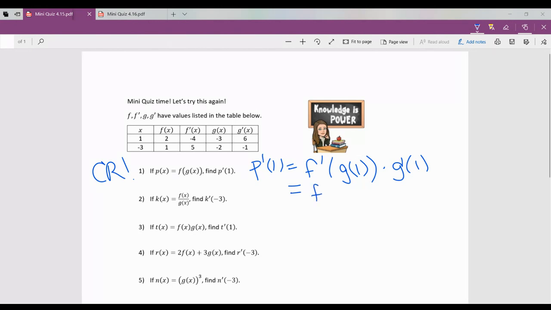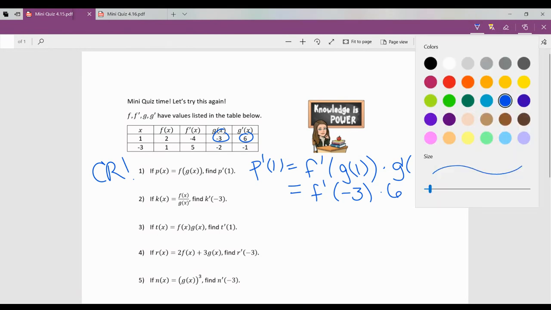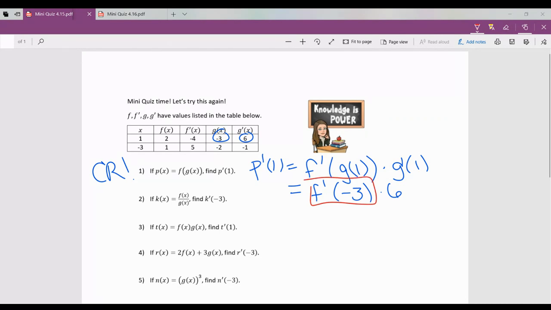So let's start out with tackling that composite function. So g of 1 is equal to -3 times g prime of 1, which is 6. All right, and so then we have to do f prime of -3.